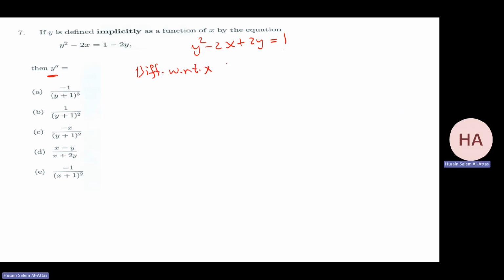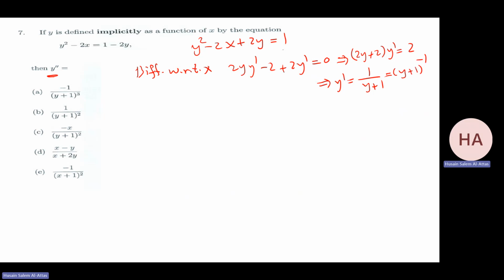What you will get: 2y y prime minus 2 plus 2y prime equals 0. That means I have (2y plus 2) times y prime equals 2. So y prime is 1 over y plus 1, or I can make it (y plus 1) to the power minus 1.